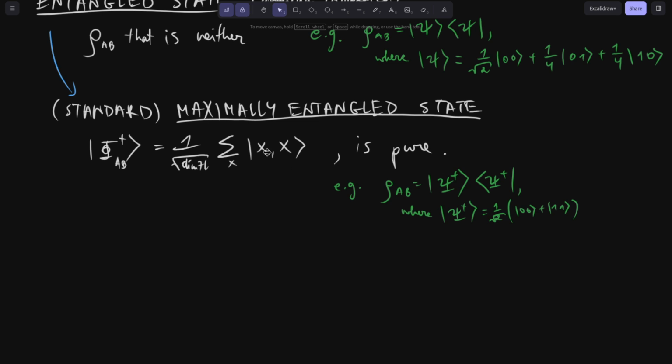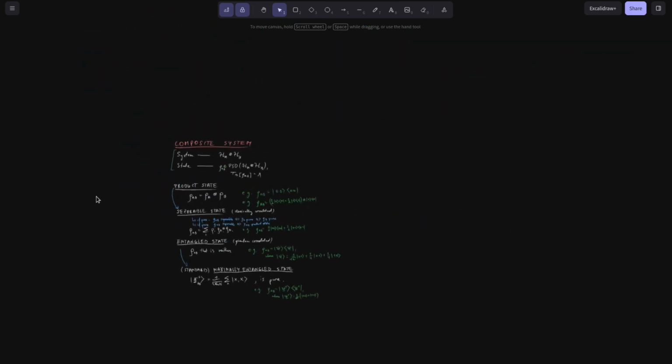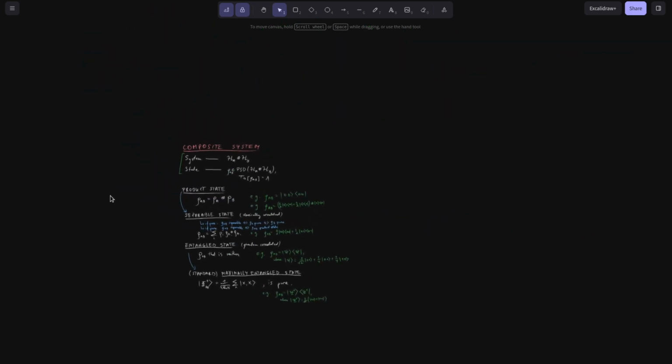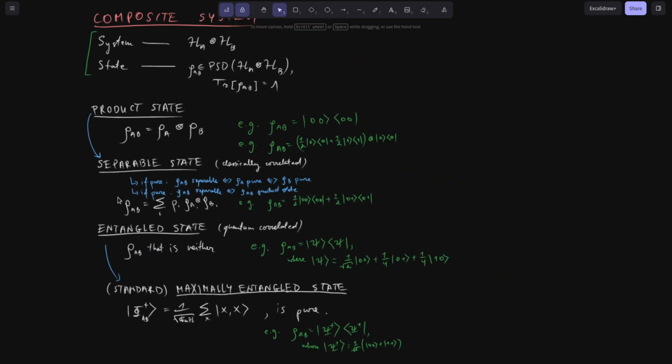By definition, x, x. So if it was, I don't know, could be maybe not only 0 or 1, could be 2. Then it would be 0, 0, 0, 1, 1, 1, 2, 2, 2, if the dimension of our Hilbert space is 3. And yeah, these are the basics about our composite system states.